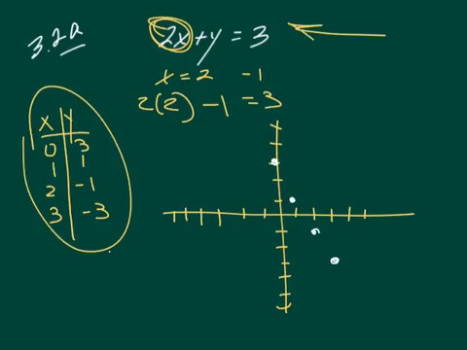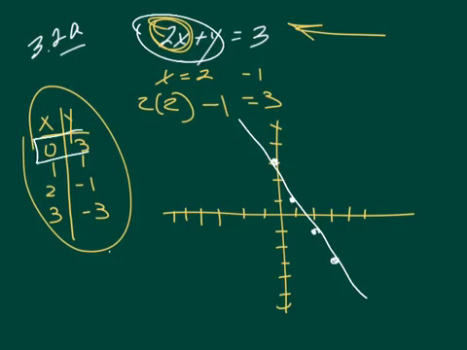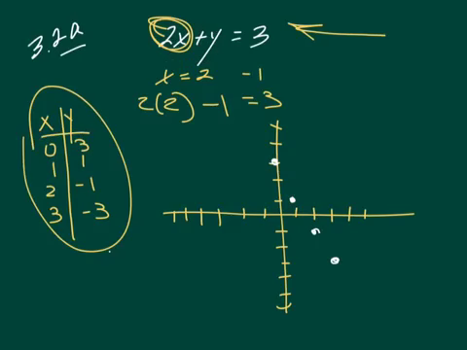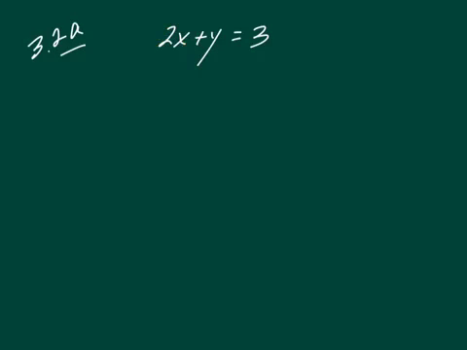I got 4 points and I get a straight line here. And you will always get a straight line when you have exponents on x and y that are 1s. And the answers that you get here are called ordered pairs. 0, 3, 1, 1, where the first number is always the x value, the second number is always the y value.